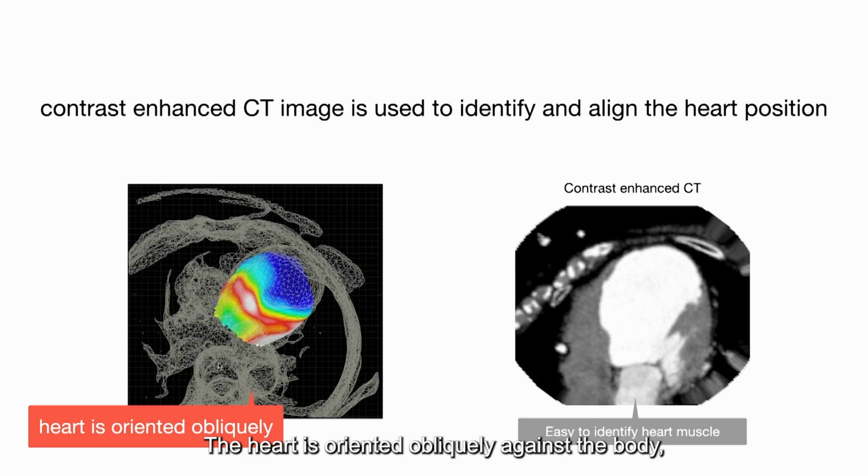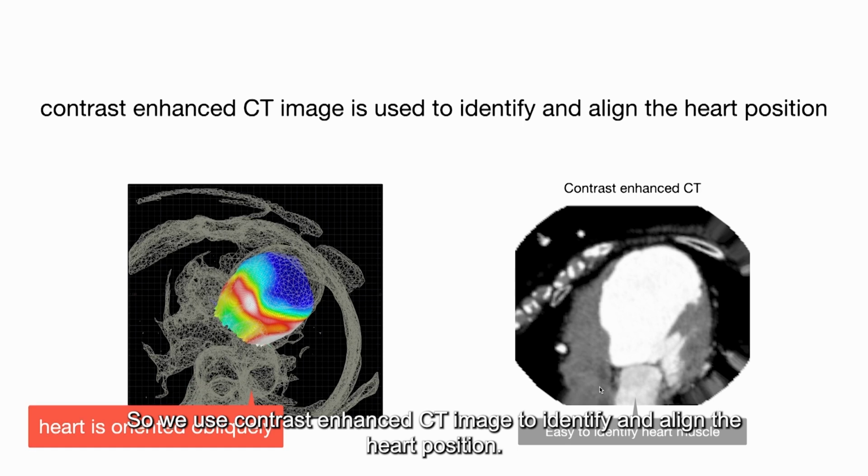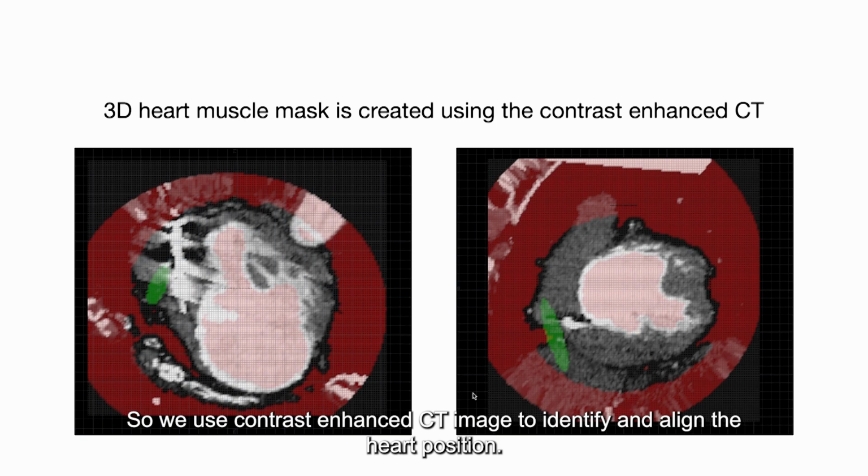The heart is oriented obliquely against the body, and different people have different heart shapes and orientations. We must align the heart orientation correctly. But in the case of patients with heart problems, the heart muscle is often hard to see and the nuclear medicine image is blurred. So we use the contrast-enhanced CT image to identify and align the heart position.